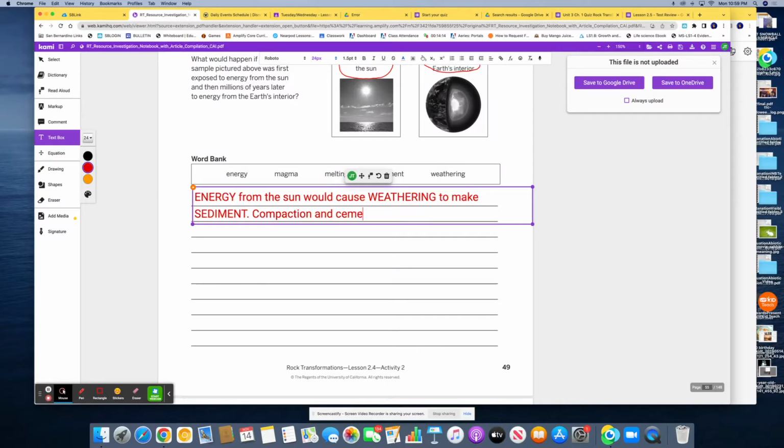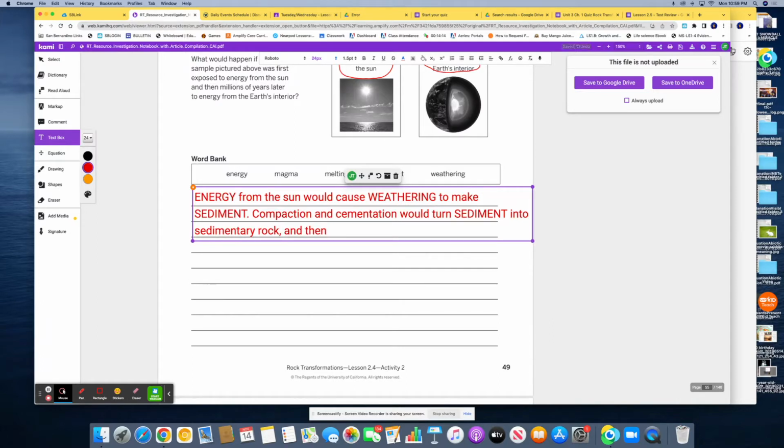Compaction and cementation would turn sediment into sedimentary rock.